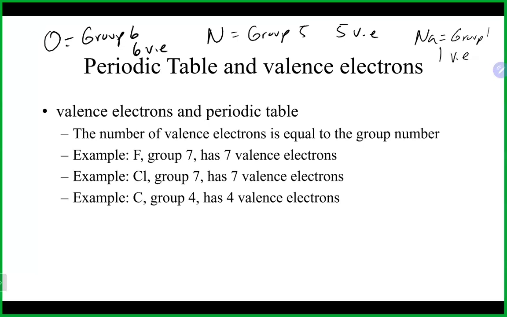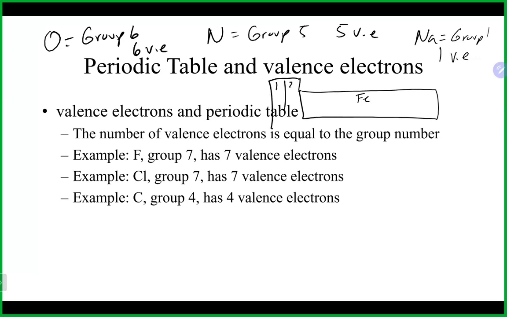Now you may be asking, what about our transition metals? Well, they are a little different in terms of valence electrons, but they also go by the group number. So for example, I'll just do iron right here, right? And if you count iron, it is technically, it'll come up this way.